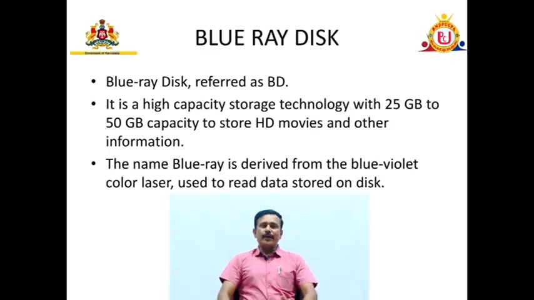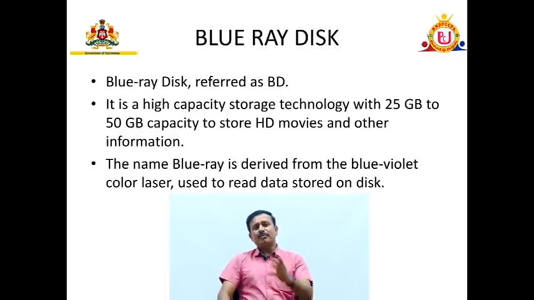Then we'll move into the Blu-ray disc. Blu-ray disc is referred to as BD. With its high storage capacity, it can store from 25 GB to 50 gigabytes of information. Normally it is specially used for high definition movies and other types of information.